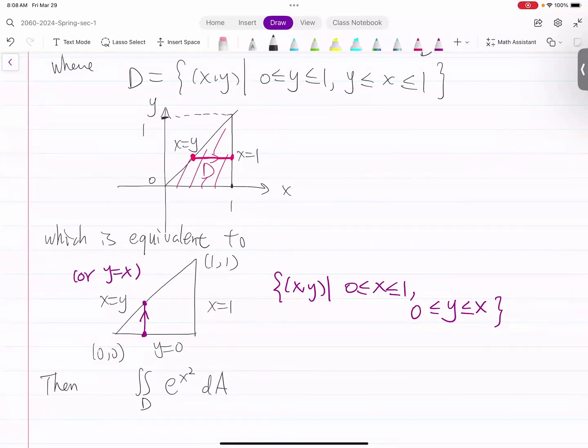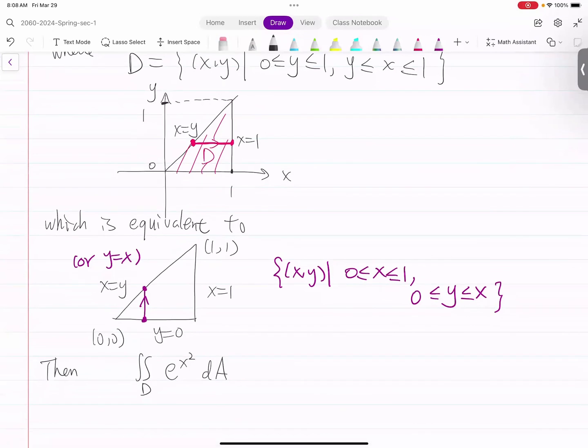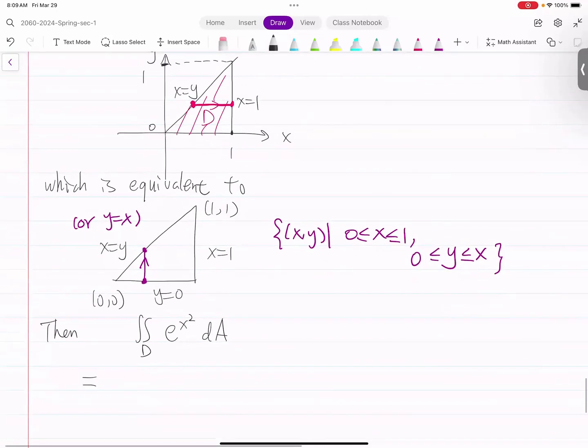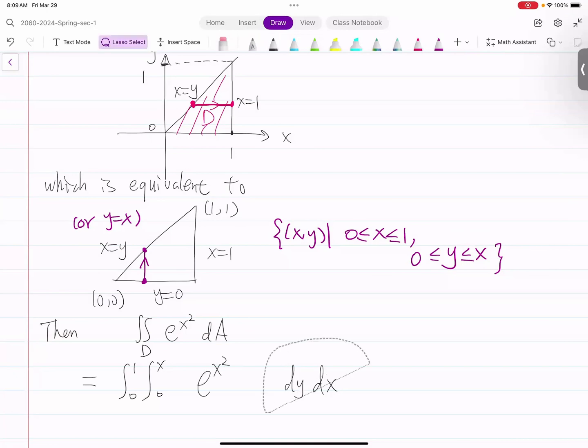It's hard to write the antiderivative in terms of x. But now we just rewrite this integral in terms of the purple double integral. So basically here we have x to be free, that's on the outside, from 0 to 1, dx. And then on the inside we have y between 0 and x, so starting from 0 to x. Right? And we are still integrating this function e to the x squared.